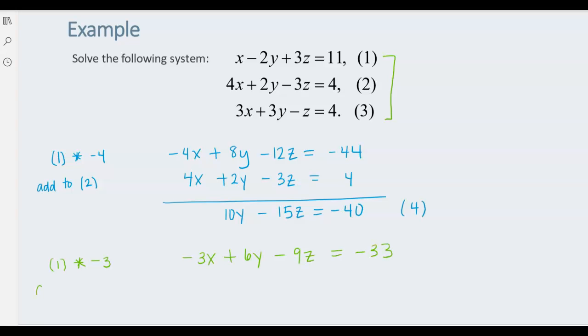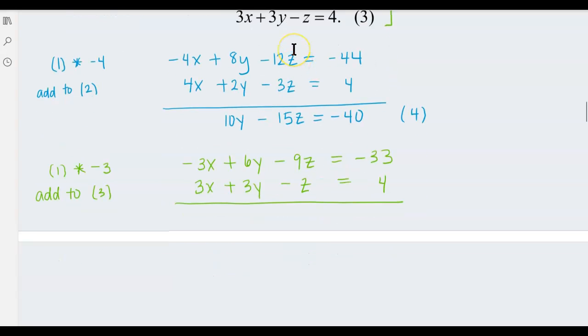And then I'm just going to add that to equation 3. So I'll write equation 3 as it is. Combine these two together. And we get 9y minus 10z equals a negative 29. And let's call this equation 5.